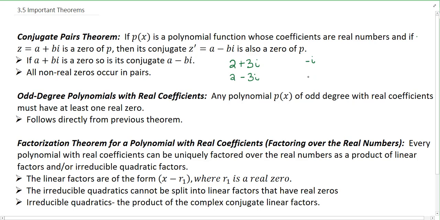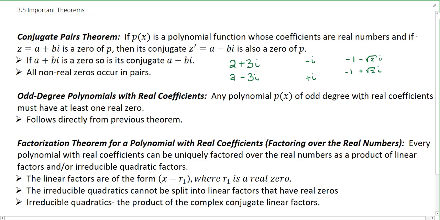So the opposite imaginary part would be plus i. So that would also be a zero. If negative i is a zero, then it's guaranteed that positive i is a zero. And then we can continue on with this. Let's say you had negative 1 minus square root of 2 i. Then you're guaranteed that negative 1 plus square root of 2 i is also a zero. So they occur in pairs.